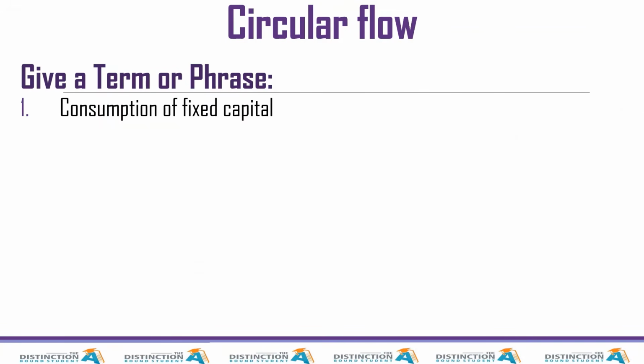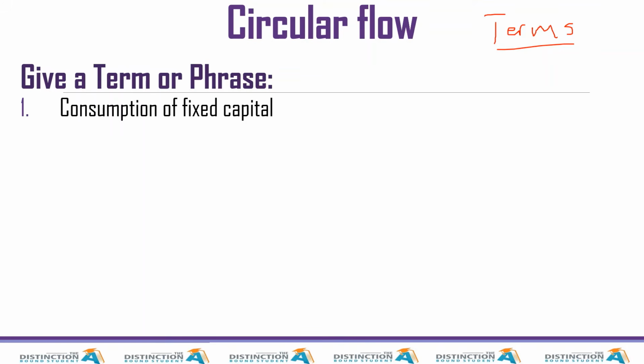All right. Thank you for coming here to do, what do you call this one? Let's go to give a term or phrase. Now, learners struggle with this, but like I said, as we started, this one here is the most difficult in section A. But just know your terms.